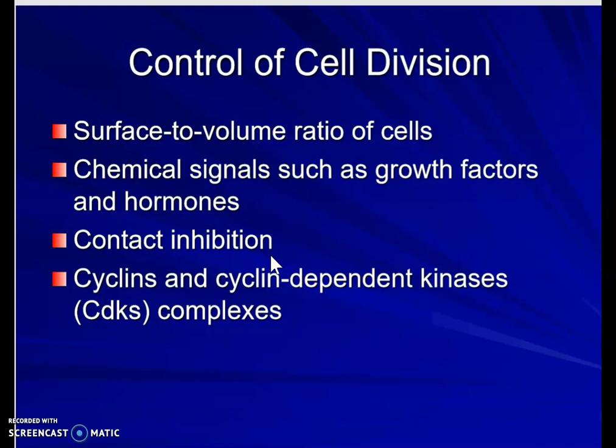Now, if you burned yourself or have an injury on the skin and now you need to grow a new patch of skin, then there is a need for these cells to divide and sort of heal the tissue. So the idea of contact inhibition is that when everything is fine and the tissue is intact in an adult organism, then you really only need to replace what has died or has been damaged.